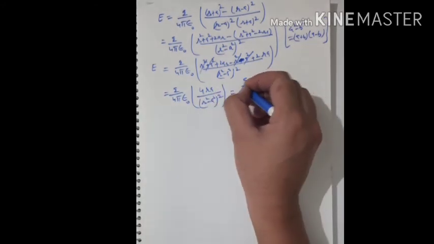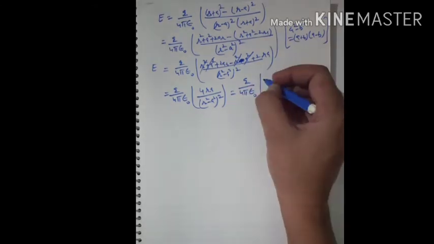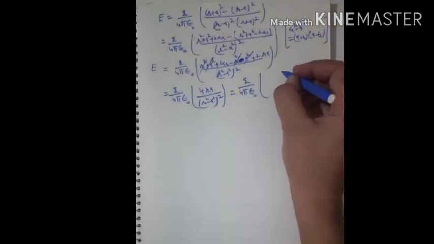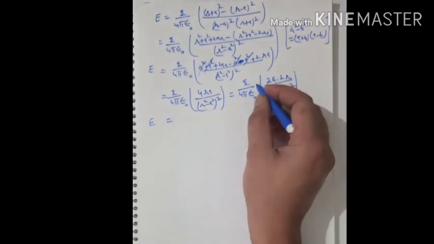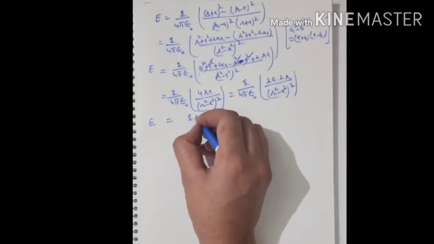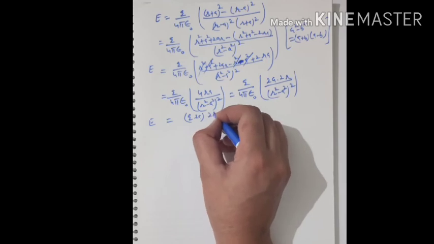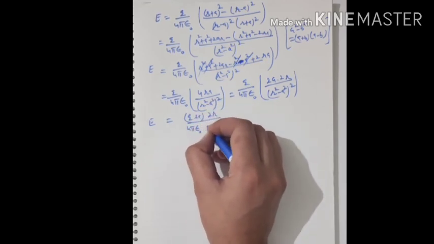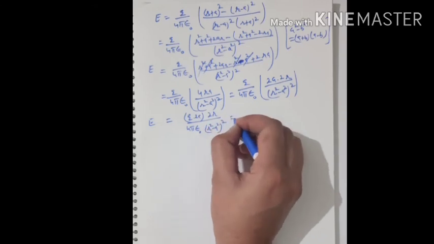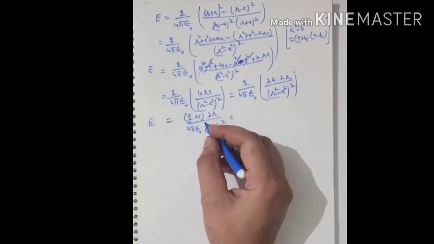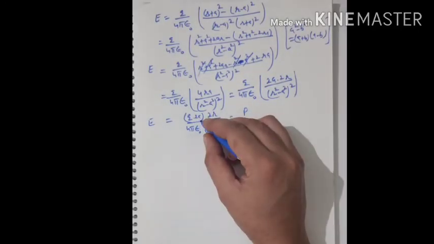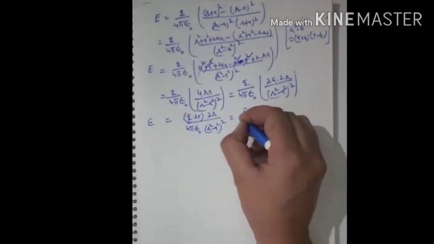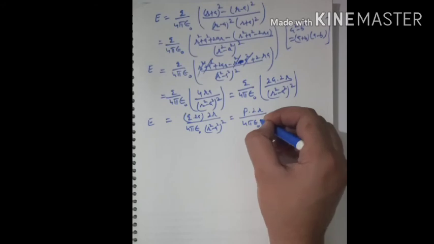This is equal to q by 4 pi epsilon naught. So here 2a, 2r, E is equal to, combining q into 2a and 2r over 4 pi epsilon naught (r square minus a square) whole square. Q into 2a becomes the dipole moment. So we can write here p, because p is equal to q into 2a. So this is 2pr over 4 pi epsilon naught (r square minus a square) whole square.